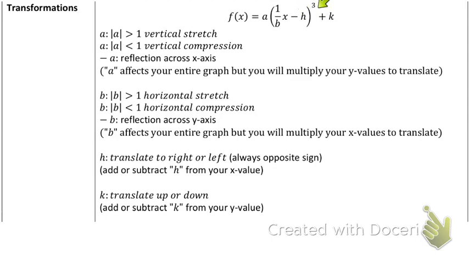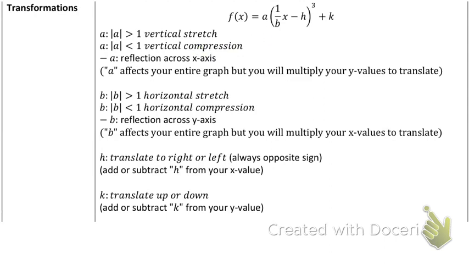When you see that power of 3, that tells you I have a cubic. Once you know it's a cubic, we start with our 3 points, and then we dissect our A, B, H, and K. Again, the A value multiplies outside parentheses. The B value multiplies with the x. The H value adds or subtracts inside parentheses. The K value will add or subtract outside parentheses.